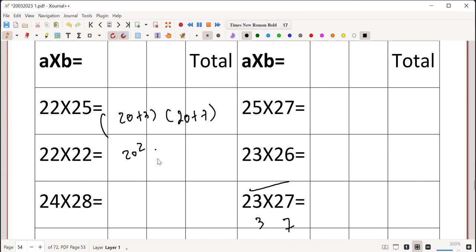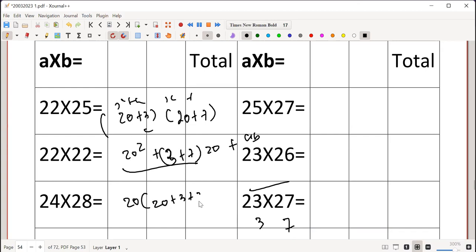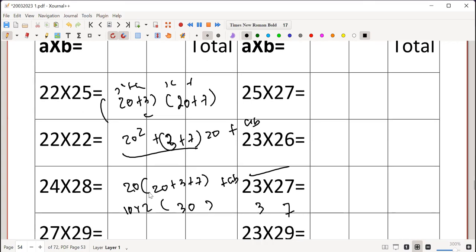So 20 squared plus (3 + 7) into 20 plus 3 into 7, ab. (x + a)(x + b). Here you have 20. When I take 20 as common, it will be 20 plus 3 plus 7. So this is 10 into 30.